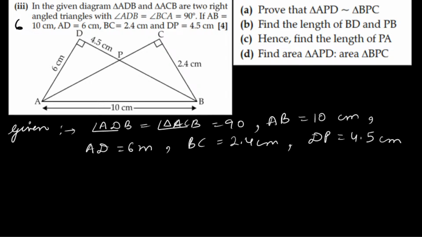Then what we have to prove and what to find. For that also you have to make one column. We have to prove triangle APD is similar to triangle BPC.